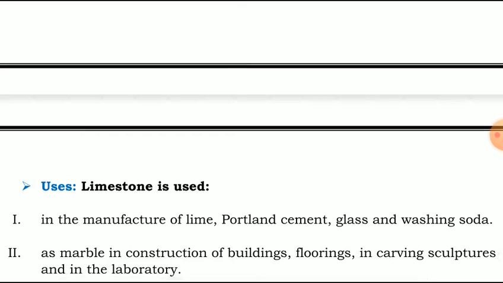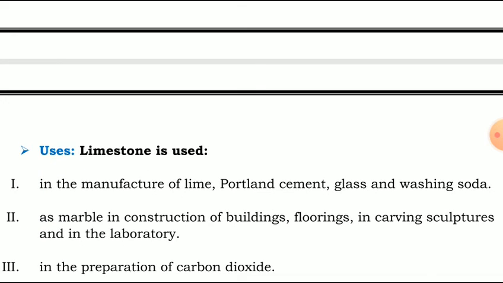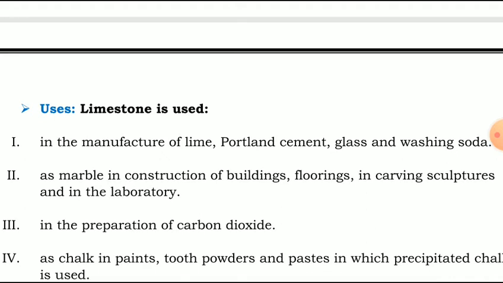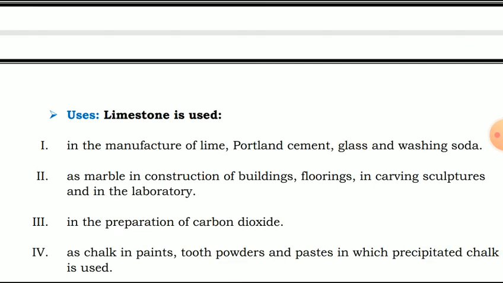In the laboratory, it is used in the preparation of carbon dioxide. It is used as chalk, in paints, and in tooth powders and pastes in which precipitated chalk is used. This is the fourth use.